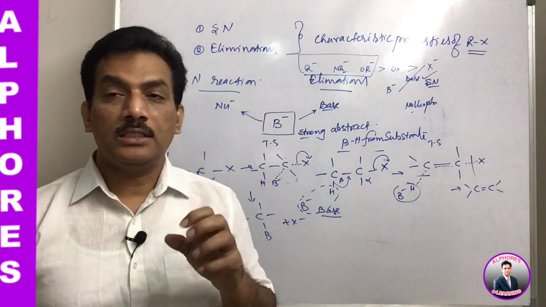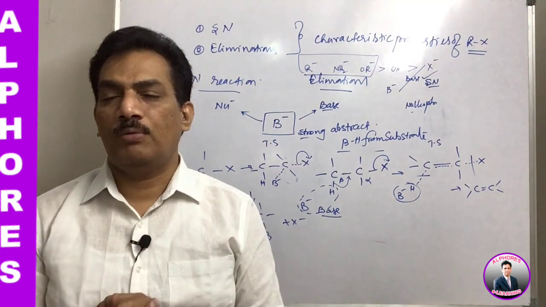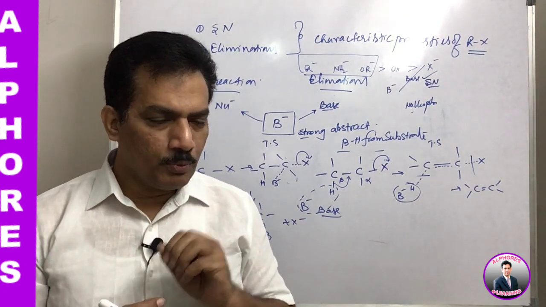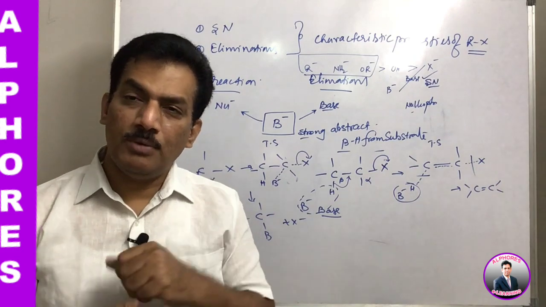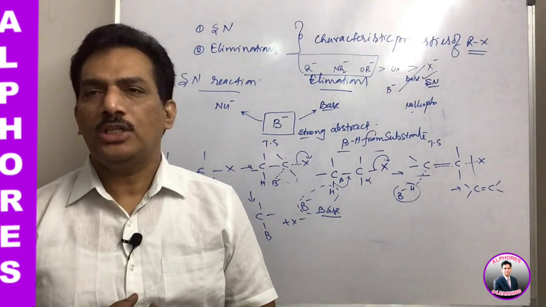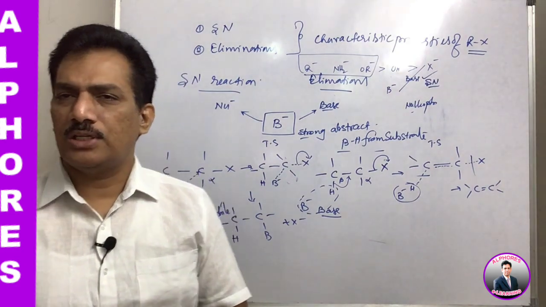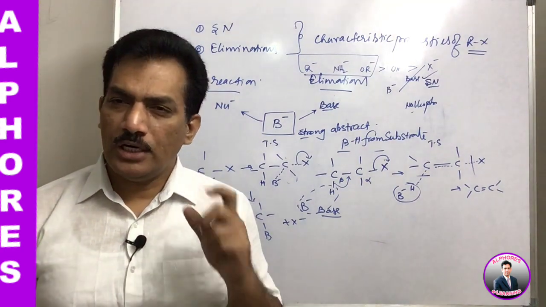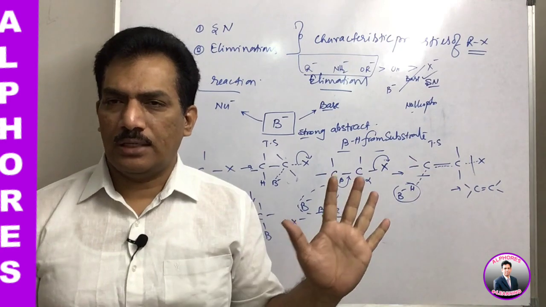Now that statement is true in case of aprotic solvents, and in protic solvent what happens, that will become reverse. Why? Just remember, in the previous session also we discussed that a protonated nucleophile or protonated base will lose its strength.